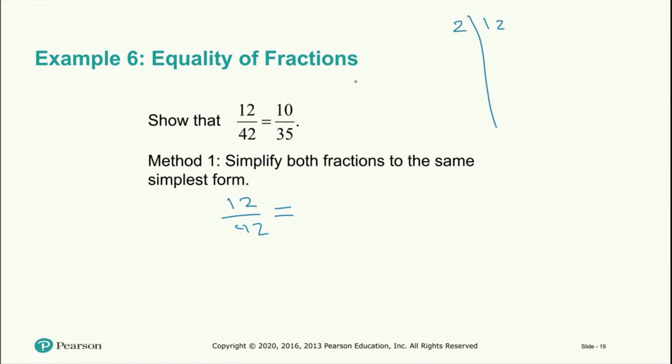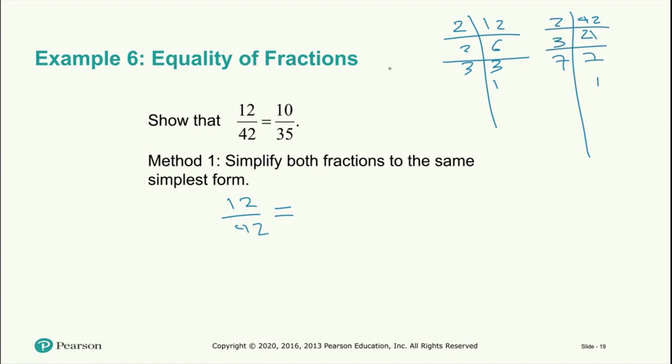12, 2 goes into 12 6 times, 2 goes into 6 3 times, and 3 goes into 3 once. So there's the prime factorization of 12. It gives me 2 times 2 times 3. 42 factors out using 2 gives us 21, 3 gives us 7, and 7 gives us 1, right?